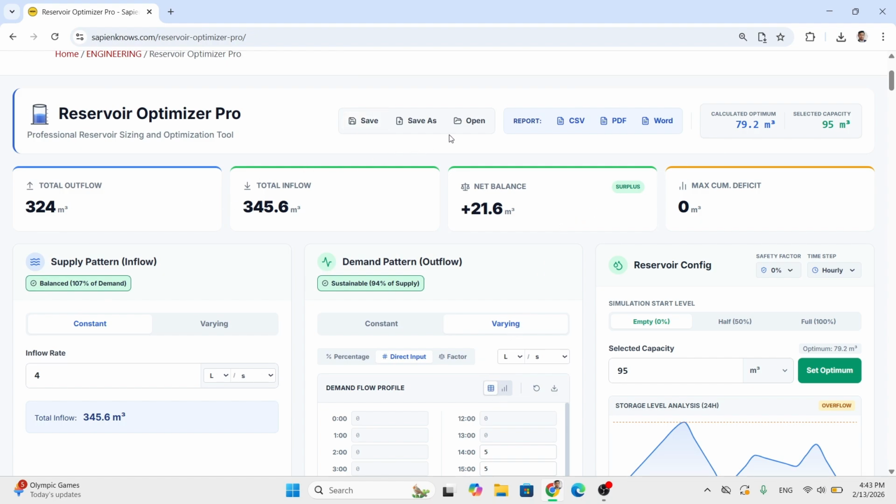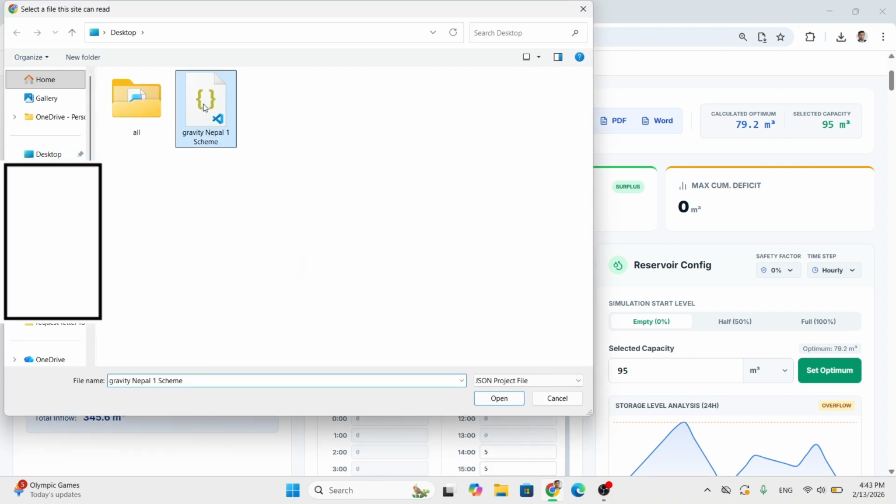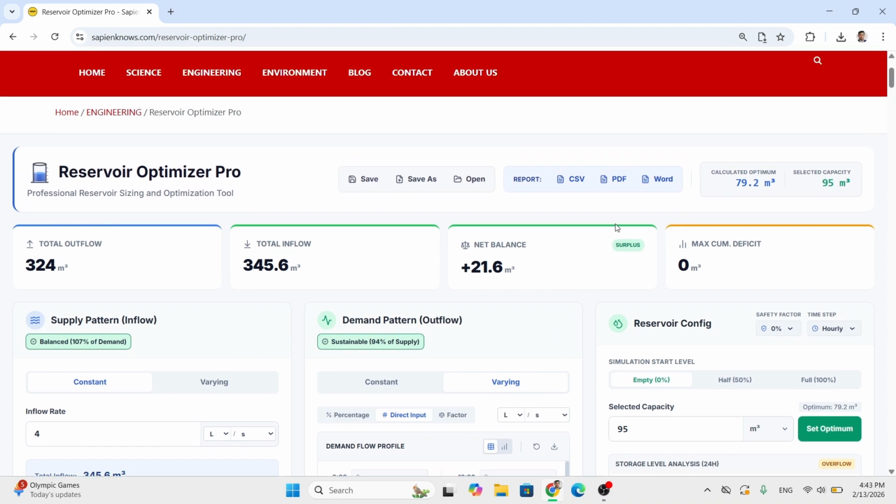So we can always import the file using this. And we can export the report in either CSV, PDF or Word.